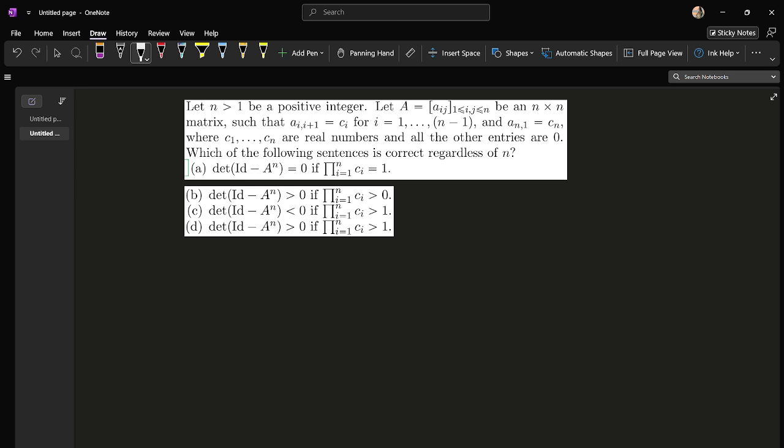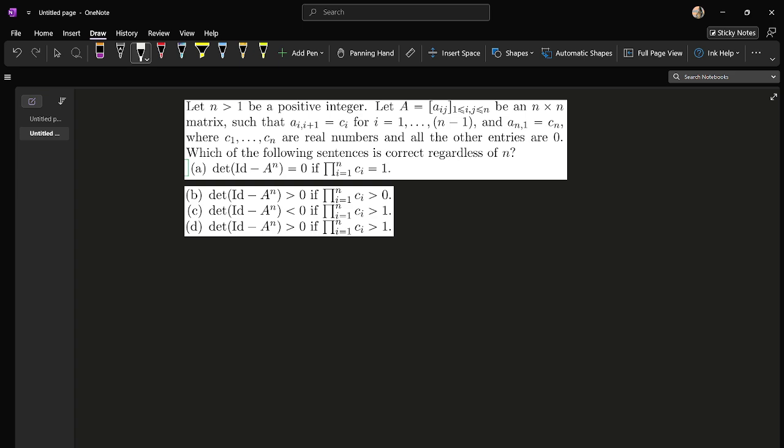Option C is telling us that the determinant of I minus A to the power n is less than 0 for the product greater than 1. And option D is telling us that the determinant of I minus A to the power n is greater than 0 if the product is greater than 1.